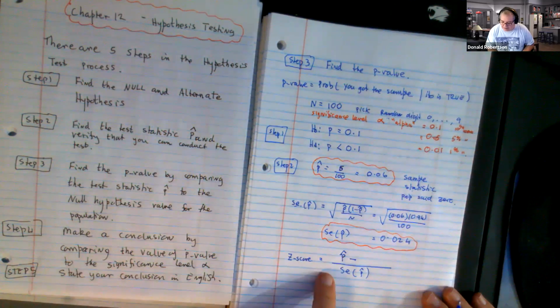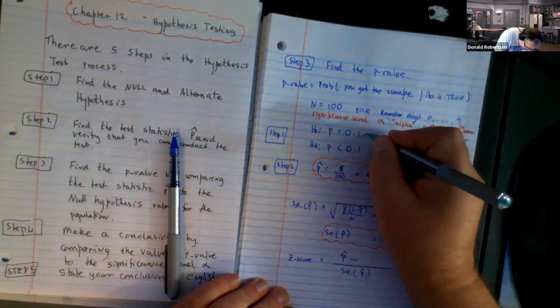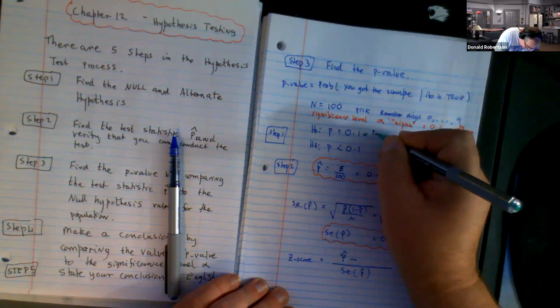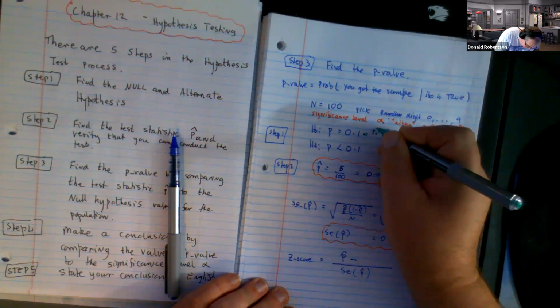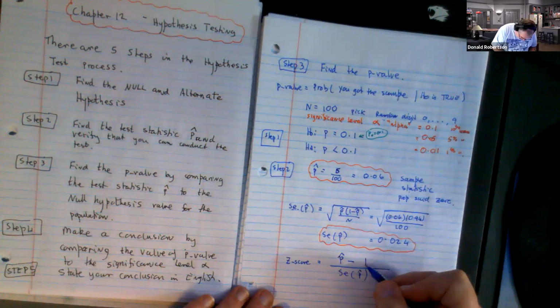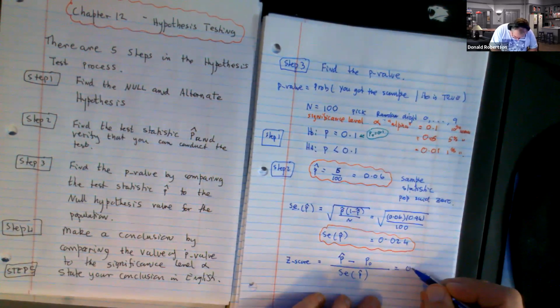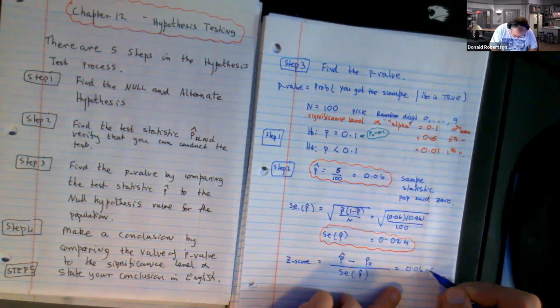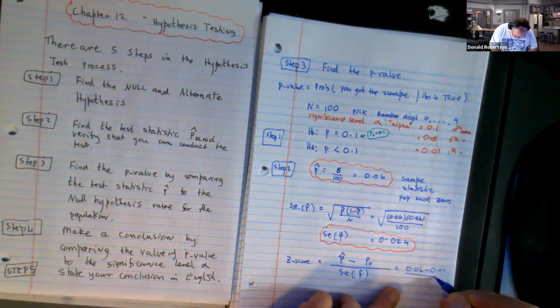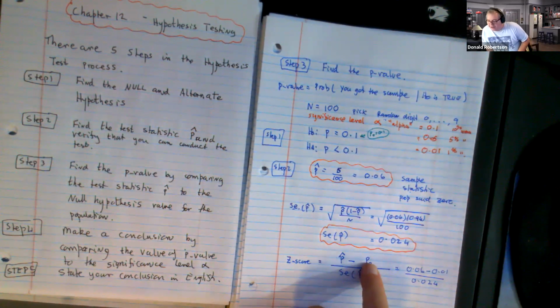This number here is called P naught. So when you see P naught being used in the formula, it's essentially that number there. So I have 0.06, take away 0.01, all over 0.024. Can you think of that as data take away mean over standard deviation?